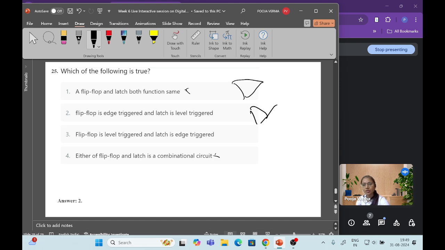So option 2 is the correct answer. Flip-flops are edge triggered while latches are level triggered.